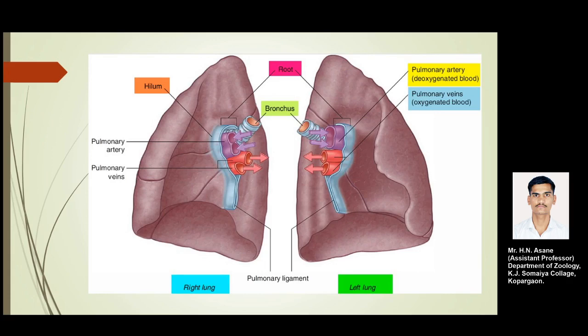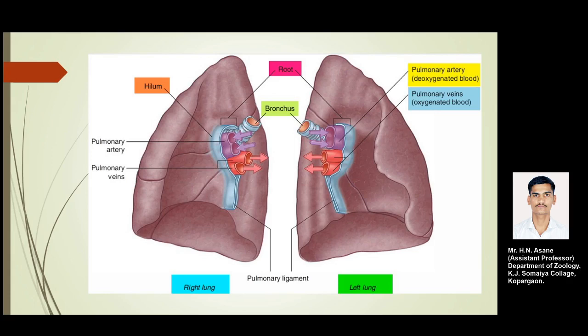So that is during the blood supply in the lungs. The pulmonary artery provides the deoxygenated blood supply to the lungs, and the pulmonary veins carry the oxygenated blood, which is exchanged in the lung.